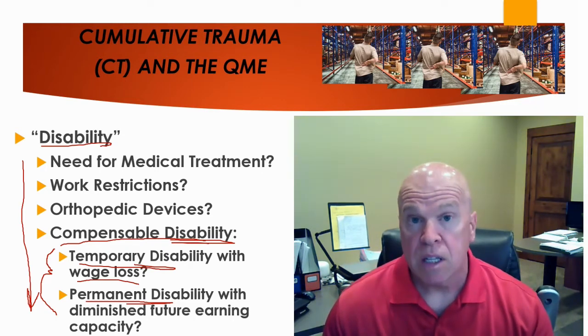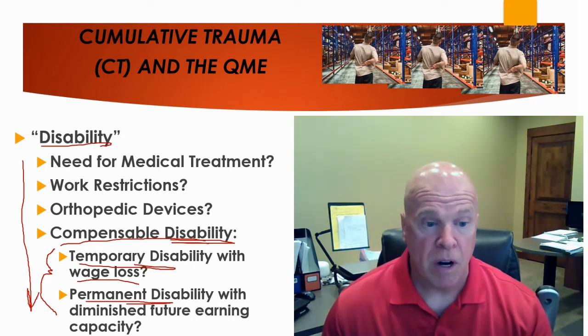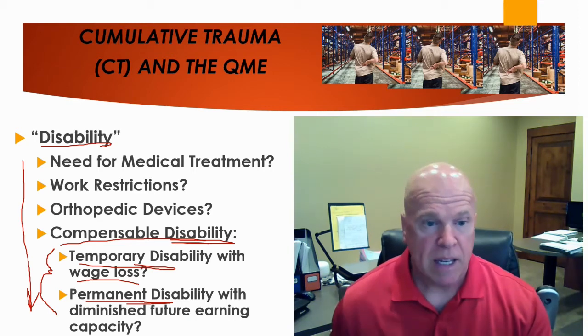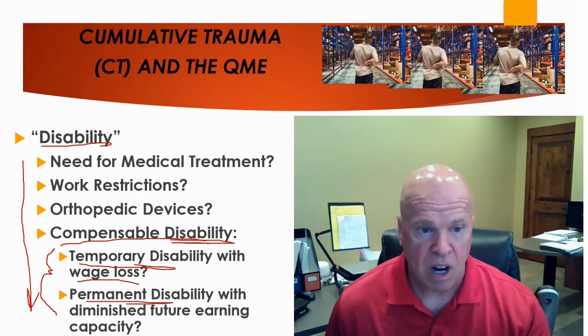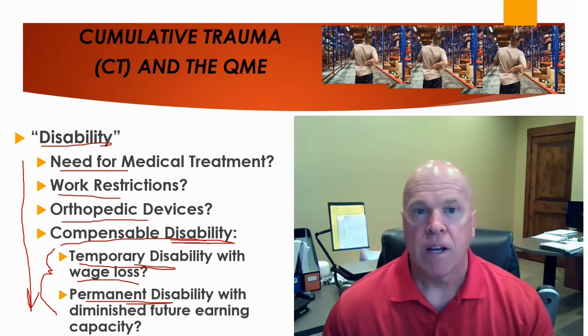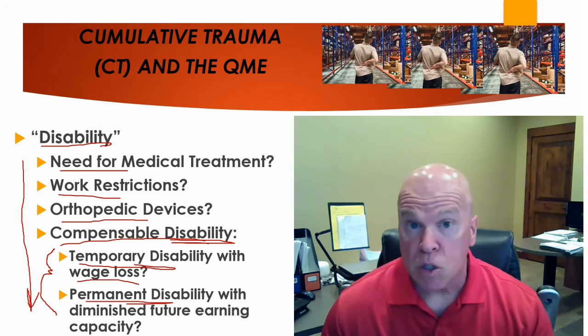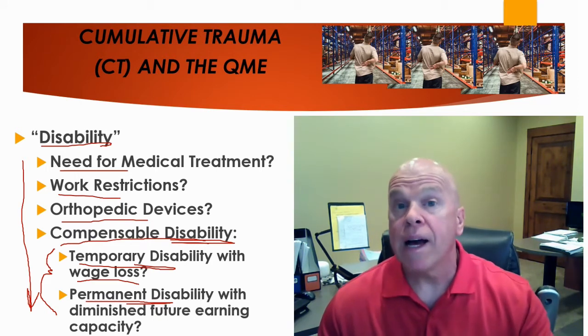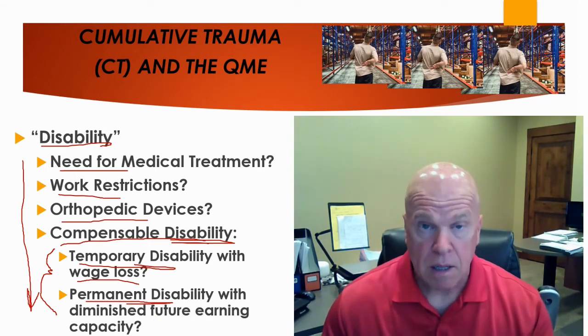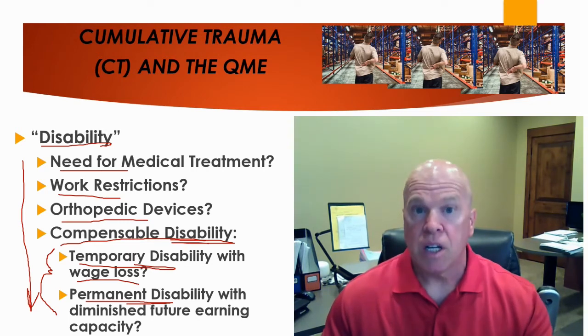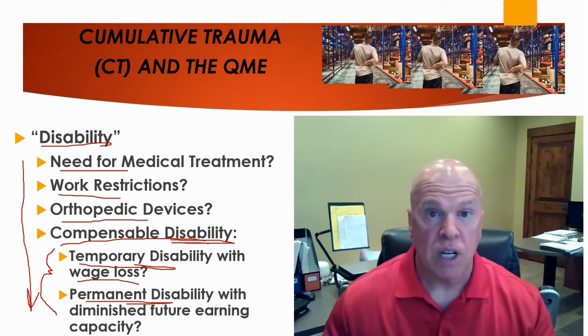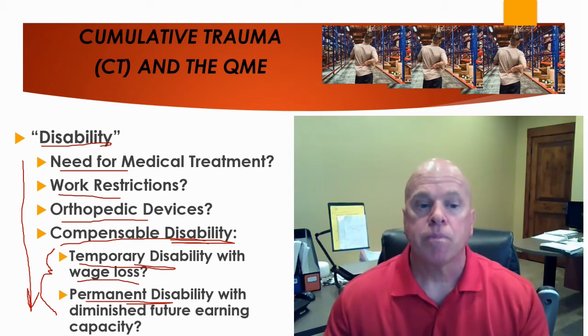And you're going to see in these cases, including the very next one that we discussed, that each of these is an area of great contention, great dispute, as one party contends that their client's particular presentation qualifies as disability. In other words, they're establishing an industrial injury by establishing the disability.